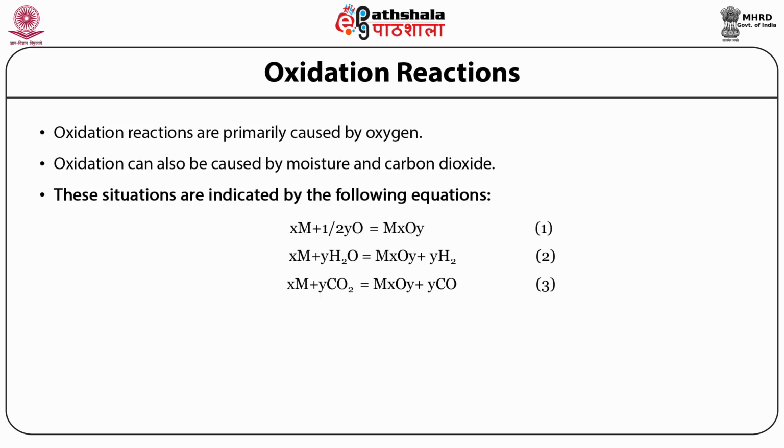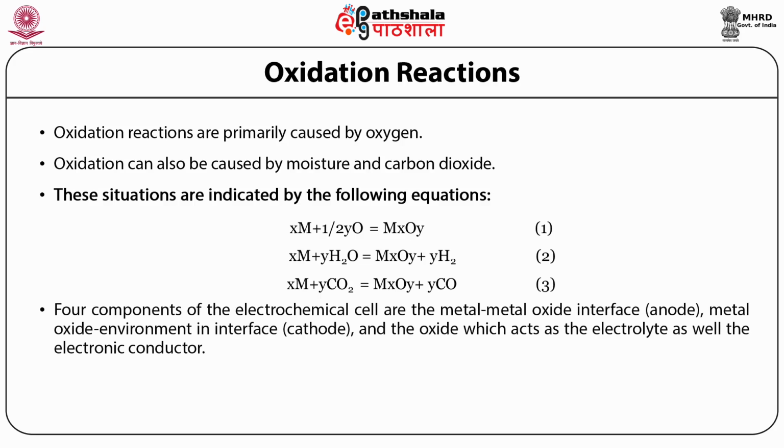Recollect that oxidation is electrochemical in nature. To recollect the important points, the four components of the electrochemical cell are the metal-metal oxide interface as the anode, the metal oxide-environment interface as the cathode, and the oxide, which acts as the electrolyte as well as the electronic conductor.